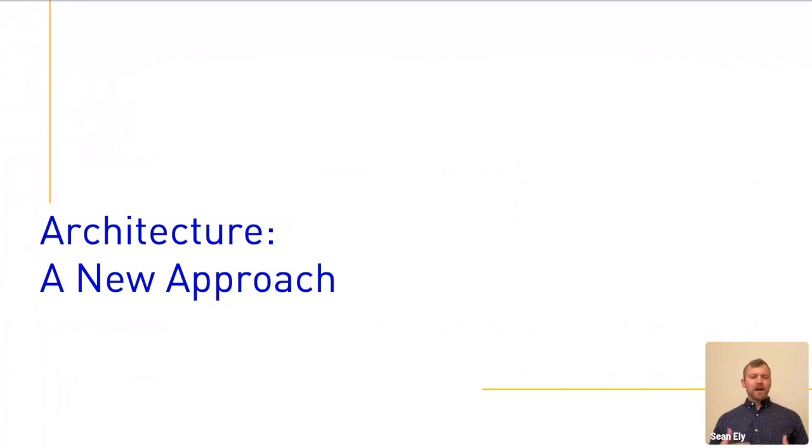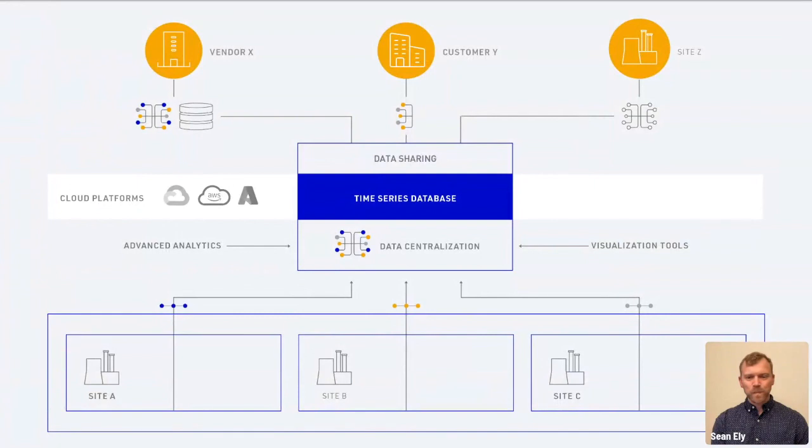So I'm going to take this opportunity to provide a bit more detail on the architecture outlined in this case study. In the next 3 slides, I'll break out some of the capabilities around data centralization, data sharing, and advanced analytics.